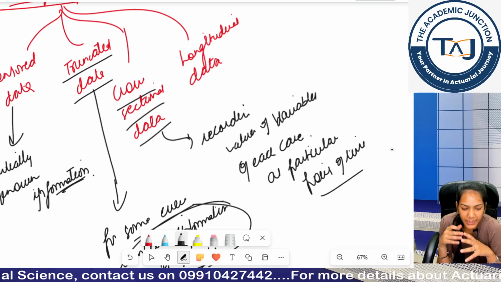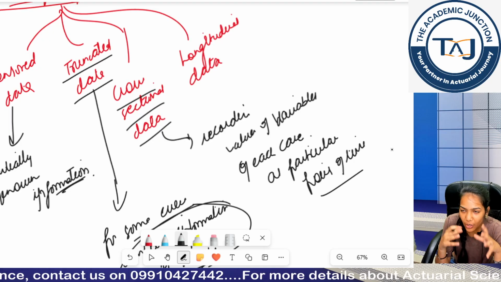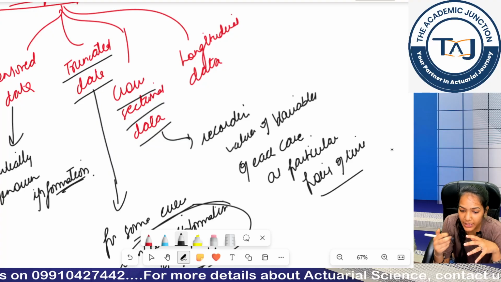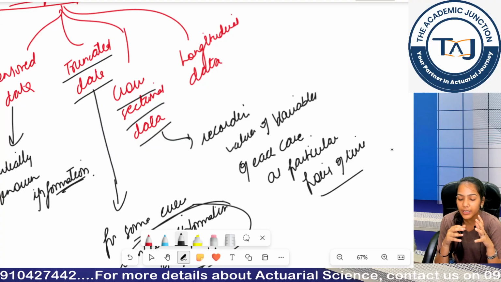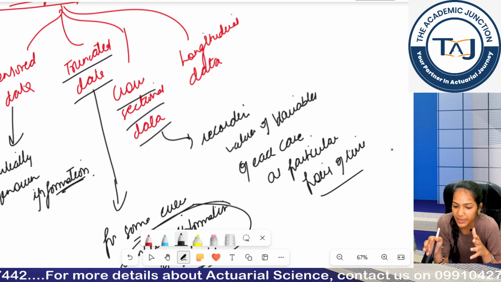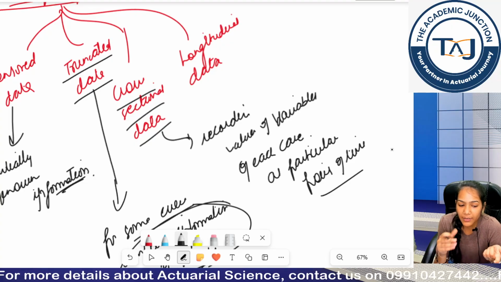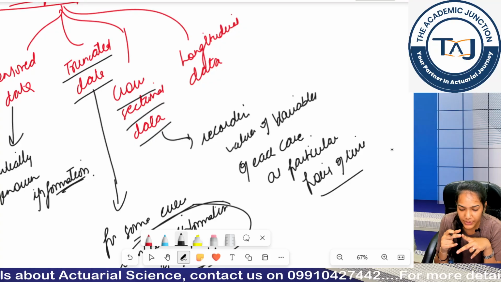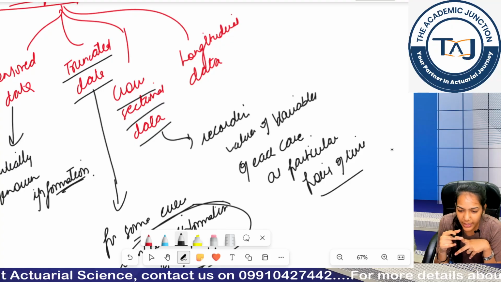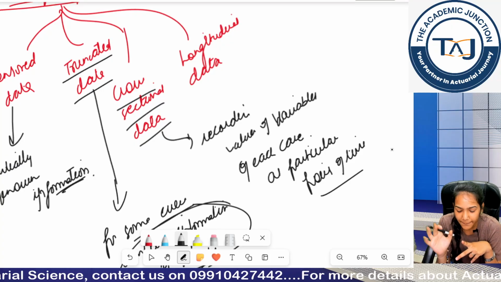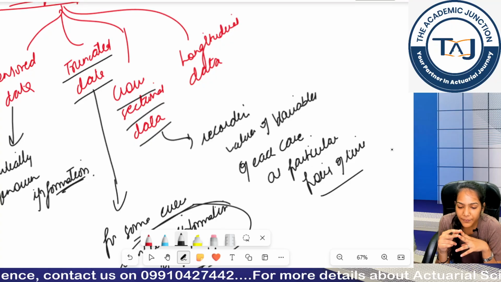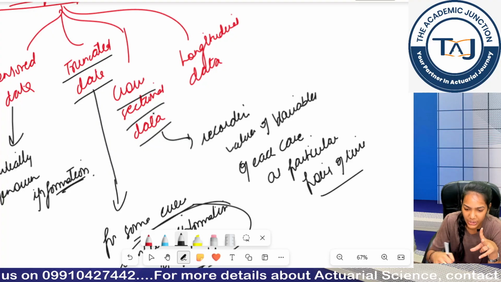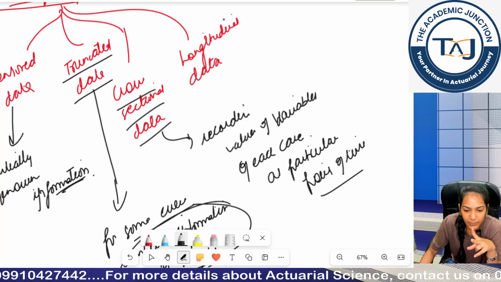For example, I am taking the data of the amount spent by each member in a supermarket, but I won't be considering the time of each member, only whether they have a loyalty card. There are 2 types of customers: first, those who do not have a loyalty card, and another, those who have cards. If I divide my data into these 2 sections, that is called cross-sectional data.